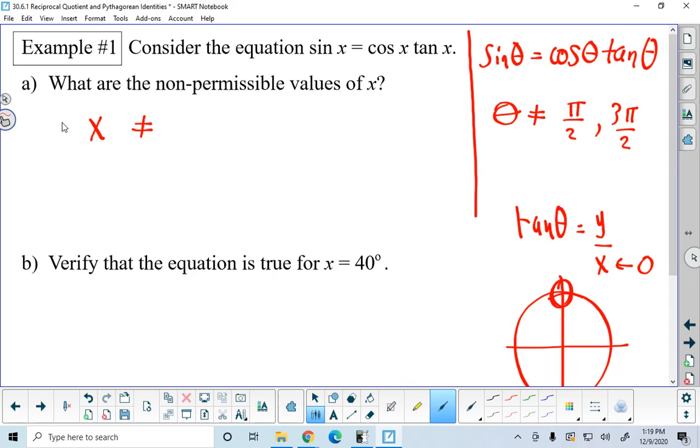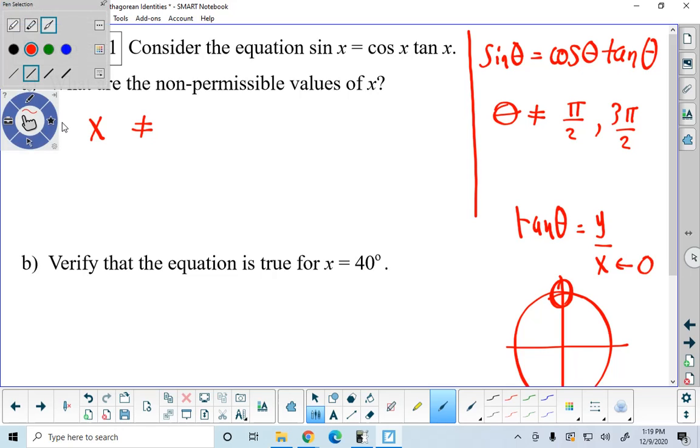Again, I hope you understand that this x here is actually equivalent to the theta. And the x on the right-hand side, this x, is not the x in the equation. It's the x on the unit circle.